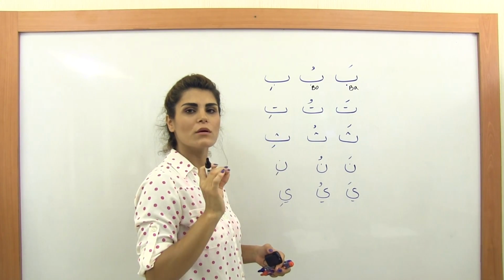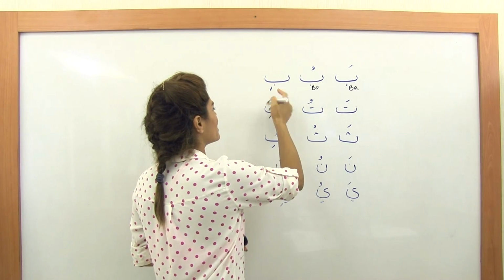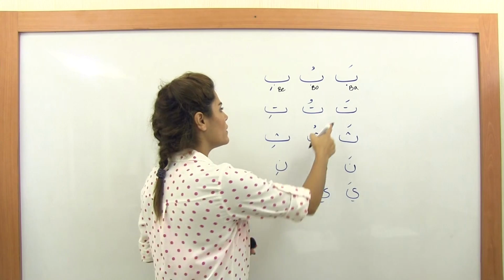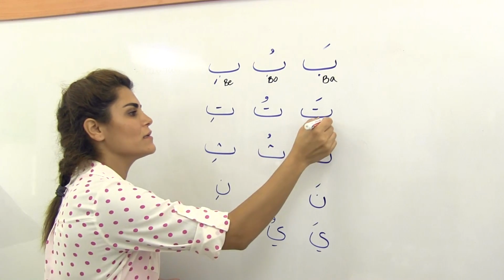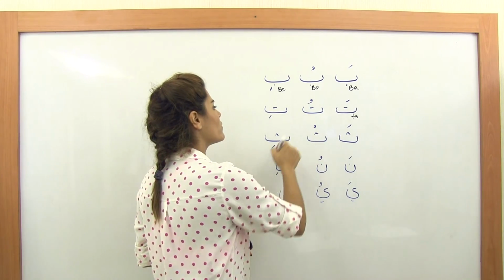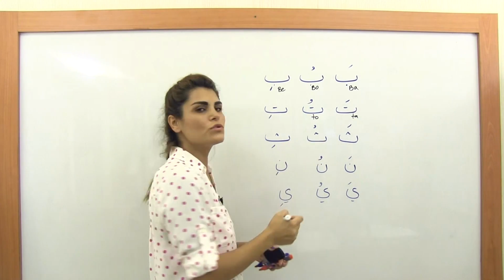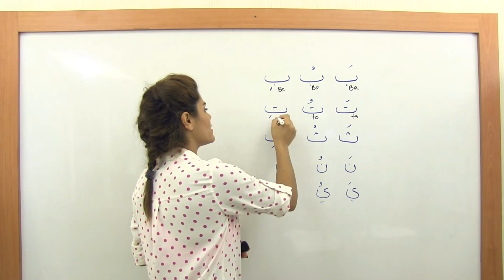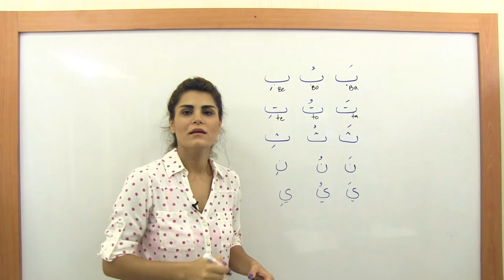Not boo, it's bo. Ba with kasra is bi. Ta with fatha is ta. Ta with damma is tu. Ta with kasra is ti.